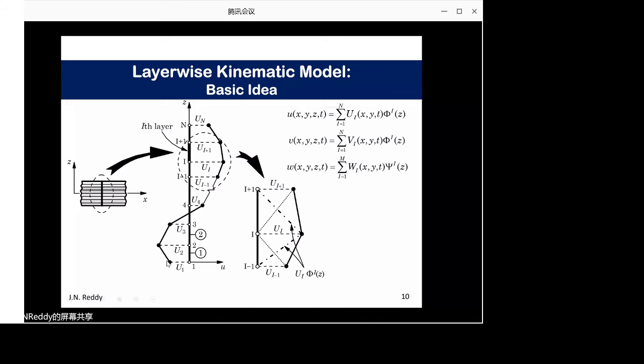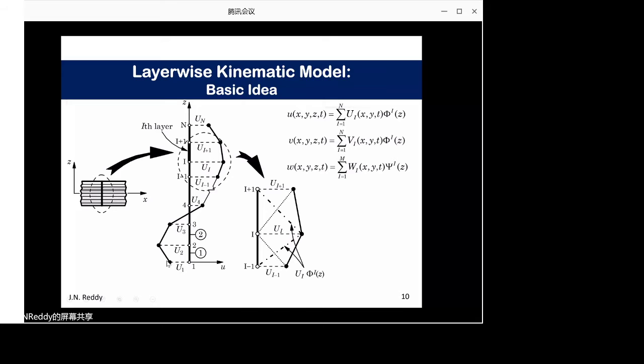Once we do that, we reduce the 3D elasticity theory to two-dimensional because we can explicitly integrate through thickness. So the resulting equations are going to be in terms of u_i, v_i, w_i in two dimensions, x, y coordinates only. So layer-wise theory is indeed 3D elasticity, except we have created a structure that separated the thickness direction from the in-plane direction.